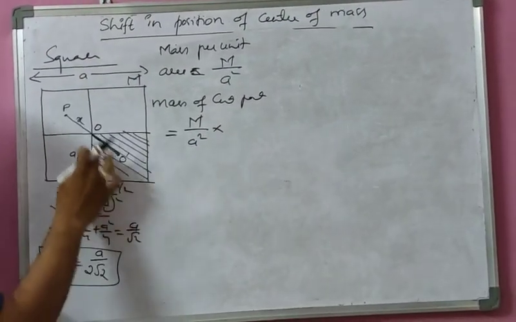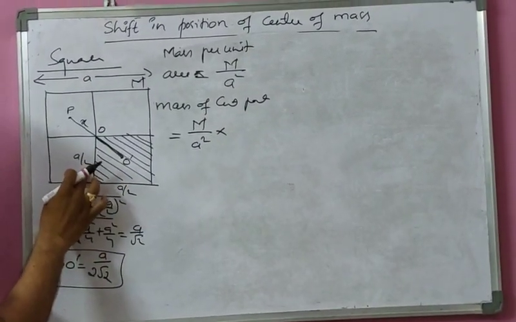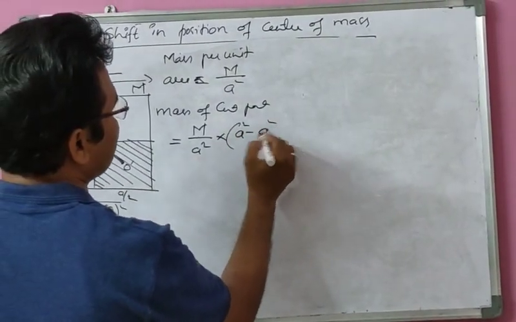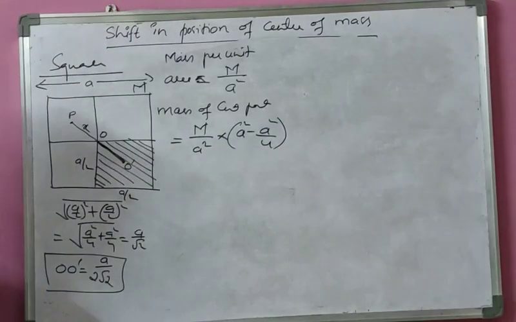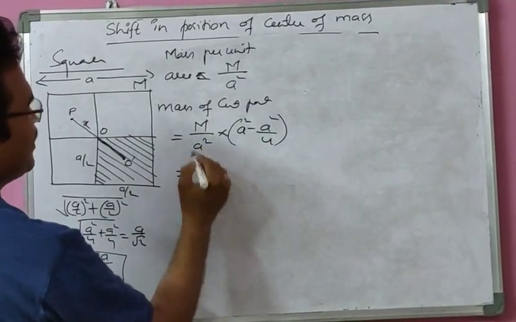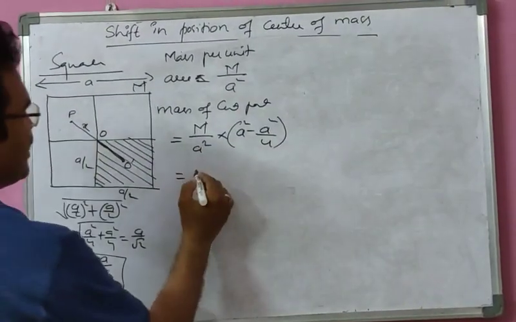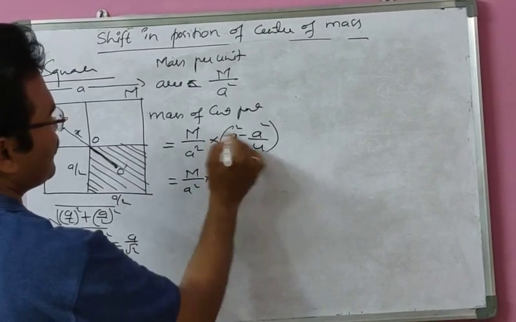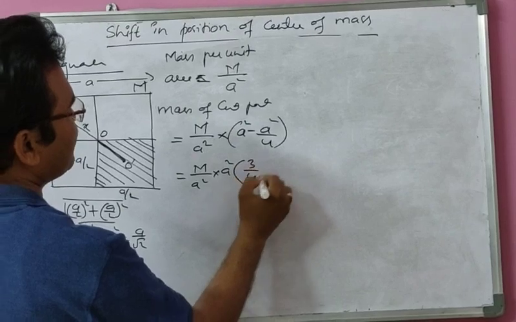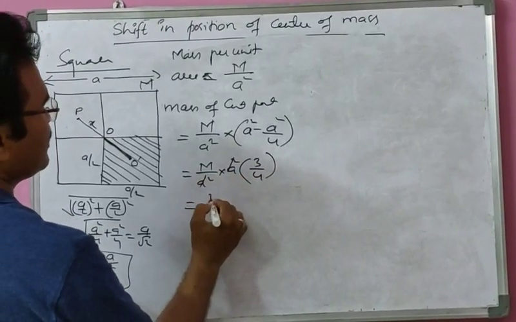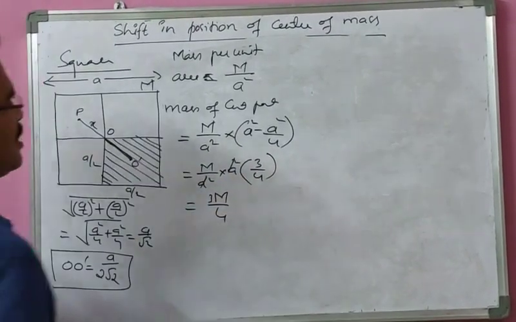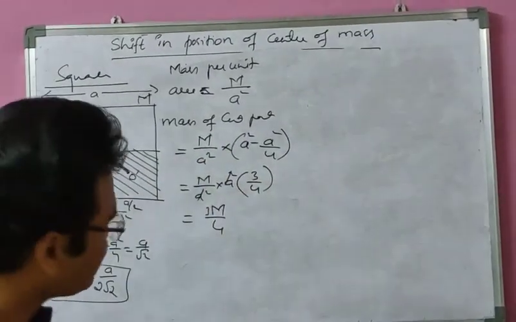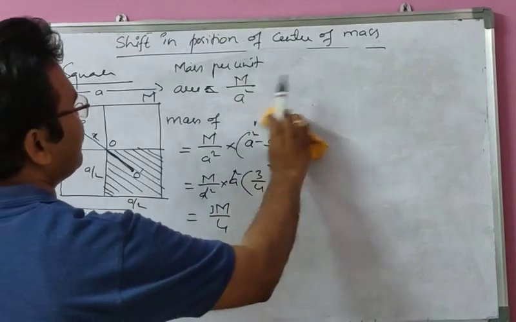Actual area is A square, and A square by 4 is gone. So we write A square minus A square by 4. A square we can take common. So M by A square into 3 A square by 4 gives 3M by 4. This is the mass of the remaining part.